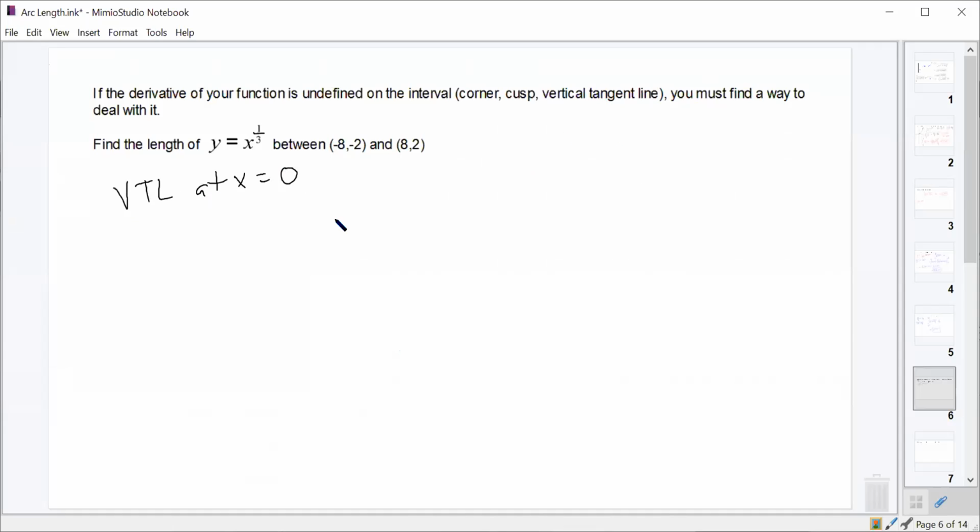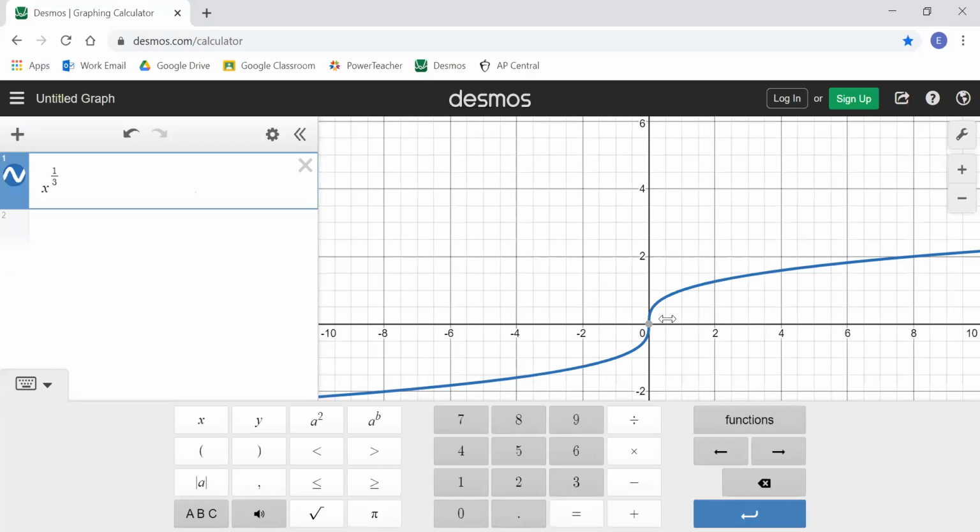And so what we can do is convert this into the function x equals y cubed and do it all in terms of y. Because if we do it all in terms of y, we're thinking about this as if it's been flipped, and that's a horizontal tangent line rather than a vertical tangent line if we do it with the x and y variables flipped around. Does that make sense to everybody?